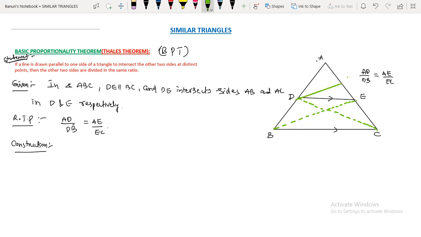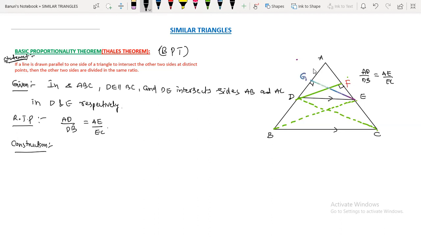Let's think it intersects at F, and I will draw one perpendicular from E to AB, which intersects AB at G. So this is perpendicular to AB and this is perpendicular to AC.